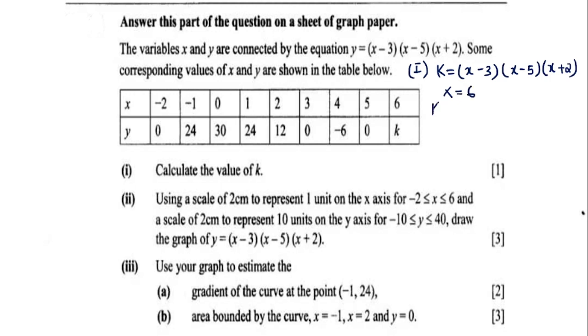So k is equal to (6 minus 3), again (6 minus 5), then (6 plus 2). So 6 minus 3, your answer will be 3.